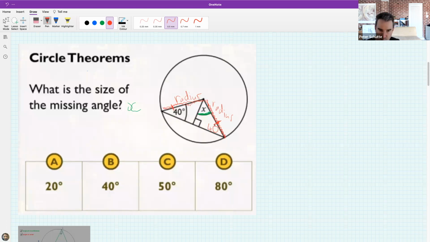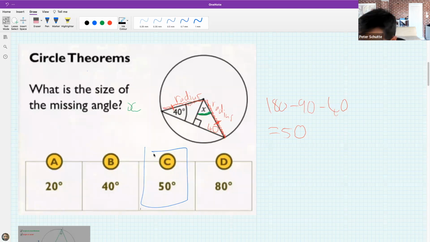Okay, but now we want to find angle X, and we know that there's 90 there already, and there's 40 here. So then I go 180 minus 90 minus 40, and I get 50, which gives me C.